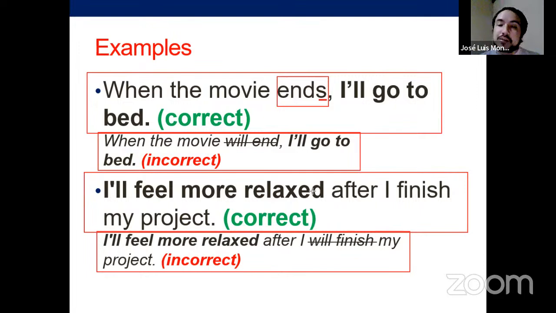So if I ask you, for example, Gladys, what will you do when the class finishes? I will go to my friend's house. Okay, all right.